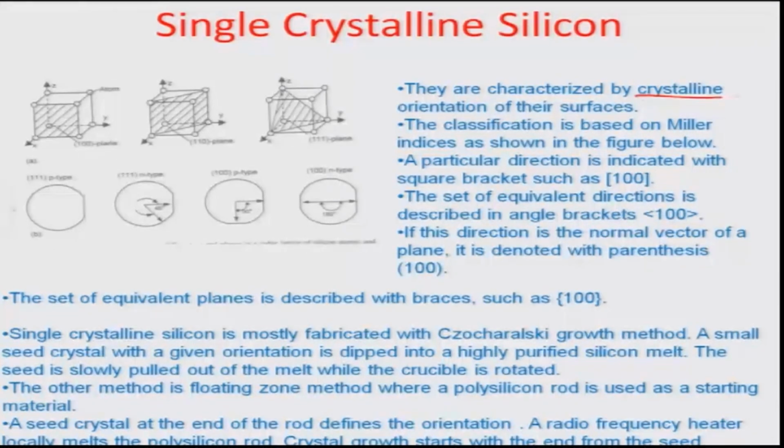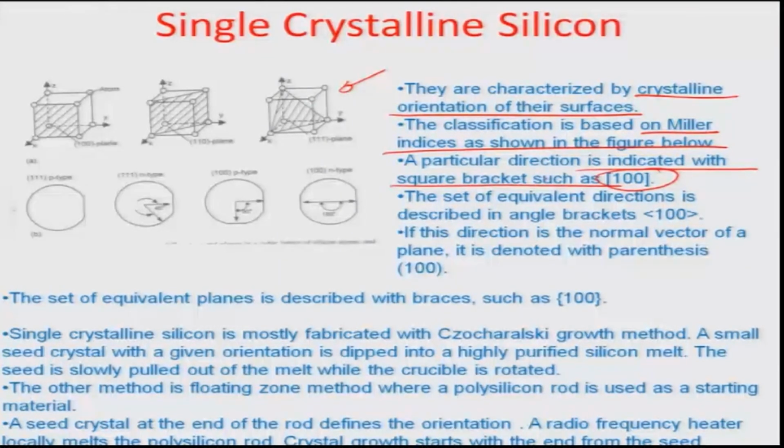So if we talk about crystalline orientation of silicon and its surfaces, typically the classification would be based on something called Miller indices, as shown in the figure here in this corner. In the Miller indices, if you want to represent a crystal direction, a particular direction would be indicated with the square bracket, like [1 0 0].